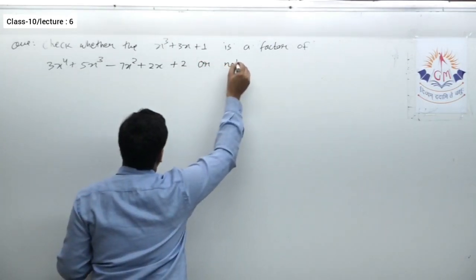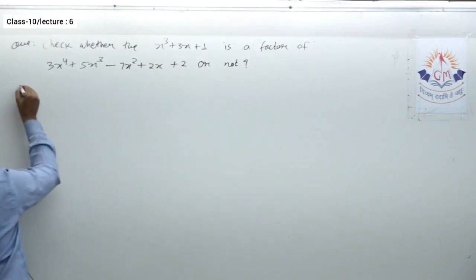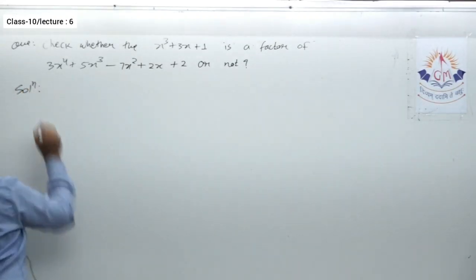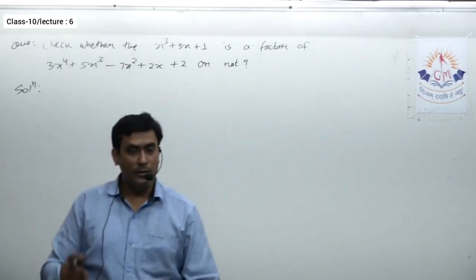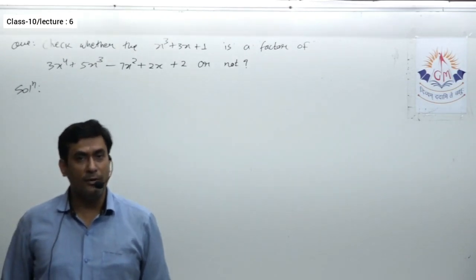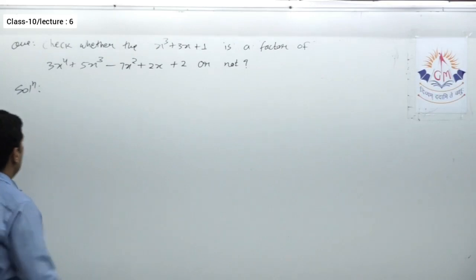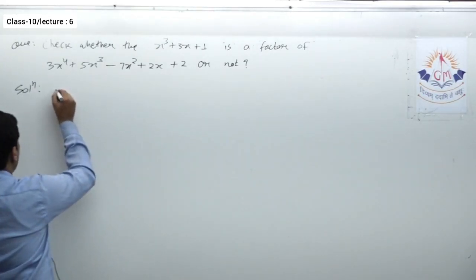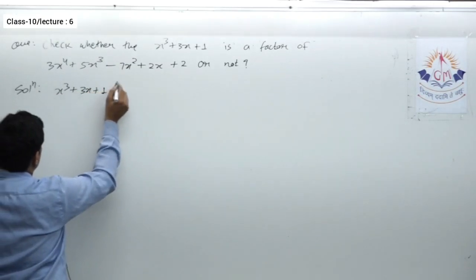So what you have to do in this, simply you have to divide the second polynomial by the first polynomial by long division, and if the remainder comes out to be 0, then we'll say it's a factor, otherwise it won't be a factor. So let us see, we have to divide by x cube plus 3x plus 1.